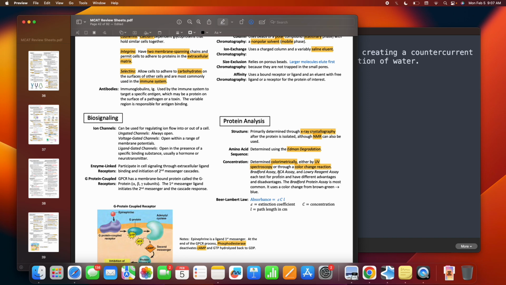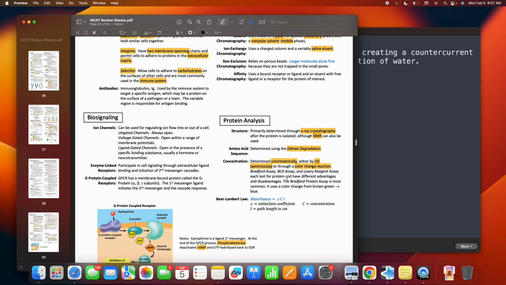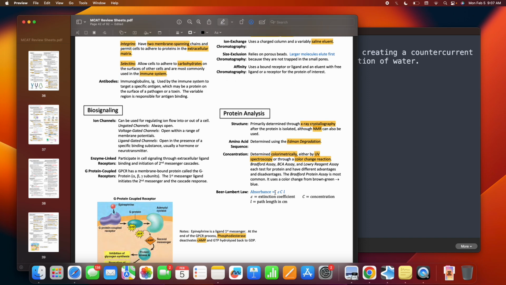Bradford assay, BCA assay, and Lowry reagent assay each test for protein and have different advantages and disadvantages. The Bradford protein assay is most common. It uses a color change from brown green to blue. Beer-Lambert law: absorbance equals epsilon, the extinction coefficient, times concentration times l, the path length in centimeters.